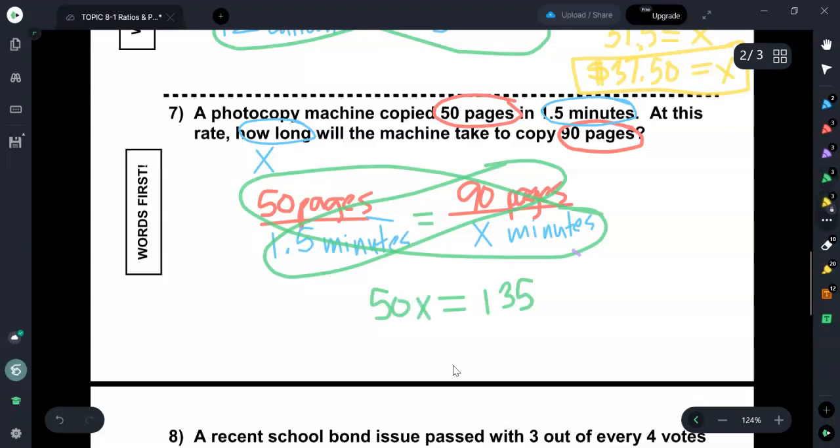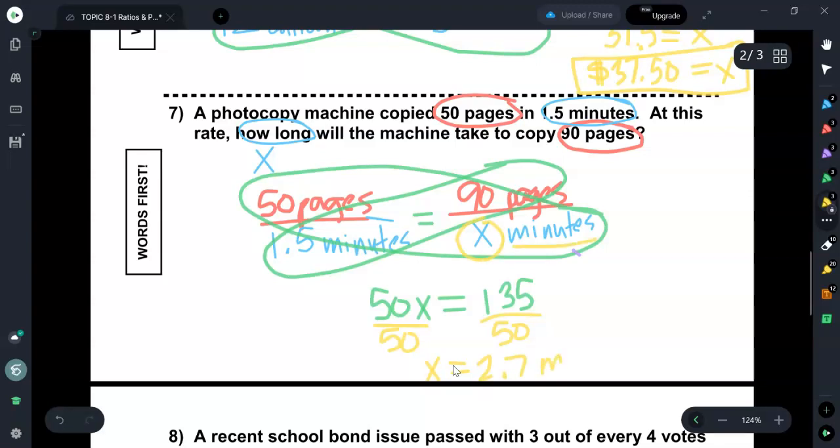So again, to solve, I'm going to divide both sides by what's in front of my x. I don't want 50 x's. I just want to know what 1x is. So I'm going to do my division. I'm going to do 135 divided by 50, and you get 2.7. And again, let's look at what I was solving for. What was I solving for?